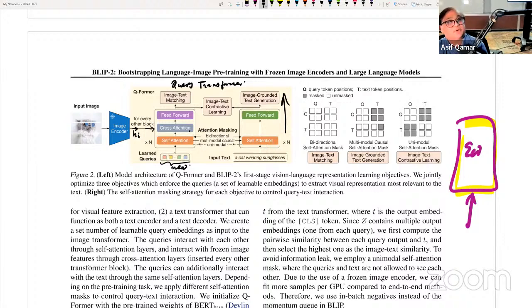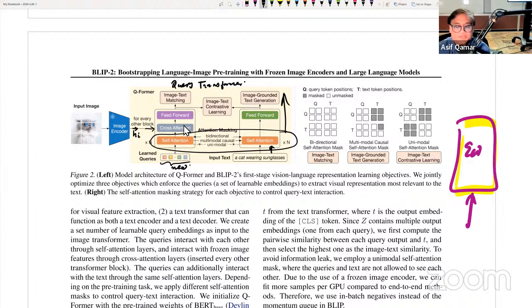Where did the text come from? The text comes because of the sharing. And the text is going in this direction. So in the cross attention, image meets text meets query vectors, isn't it? All three meet there. Are you seeing that, guys? Image, text, and query vectors, they all meet.